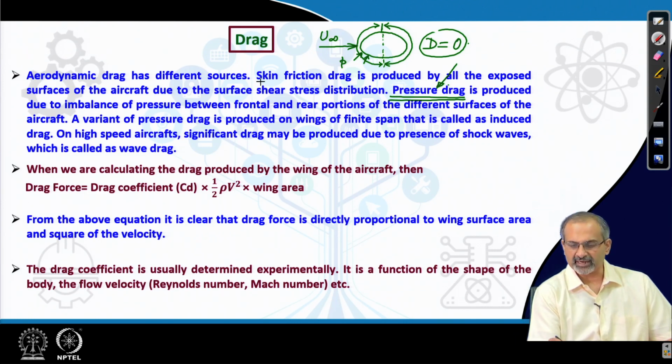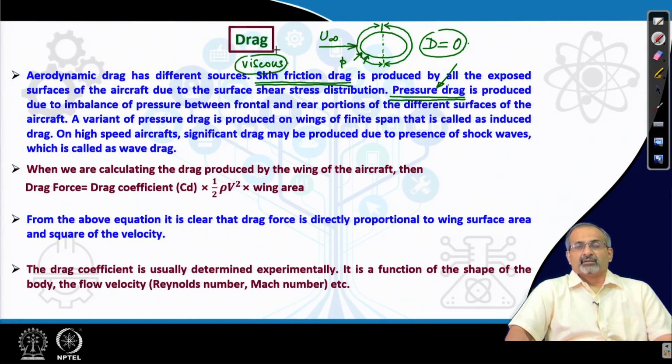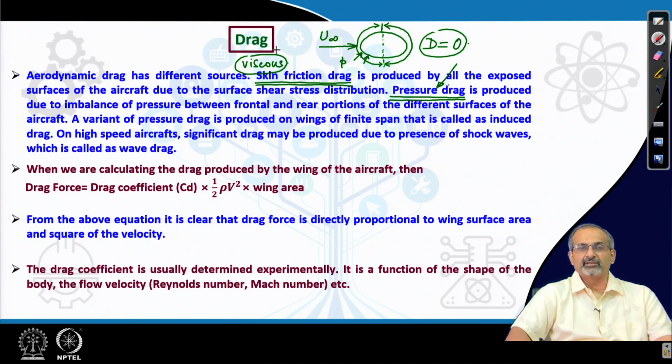Irrespective of the pressure drag, the skin friction drag remains as long as the nature of the flow is viscous. We will talk about some flows which nearly behave like inviscid or lacking viscosity later on in the course. Under such conditions, you can neglect skin friction drag.